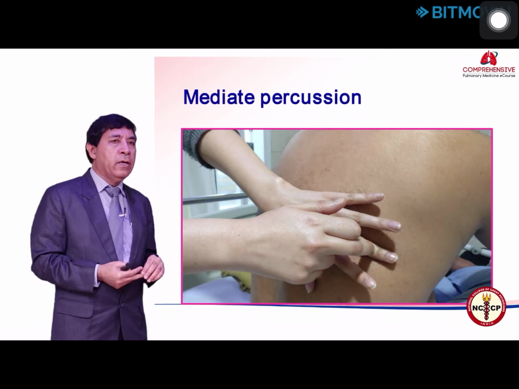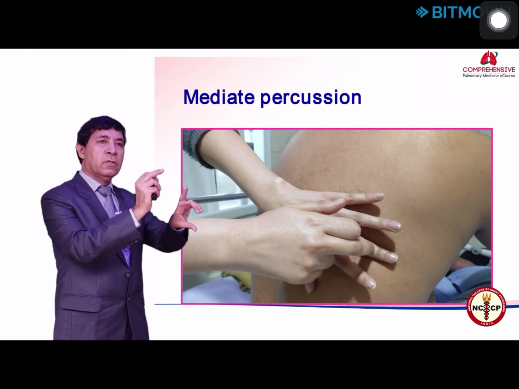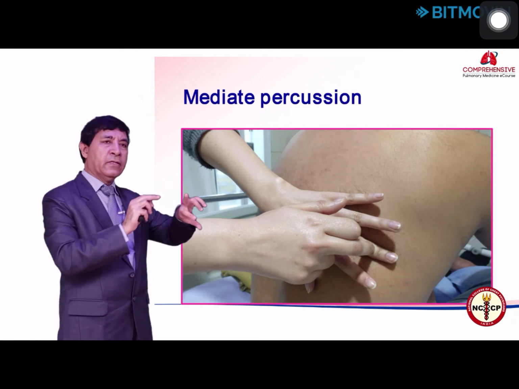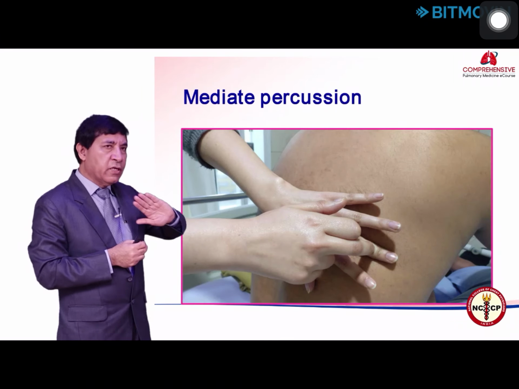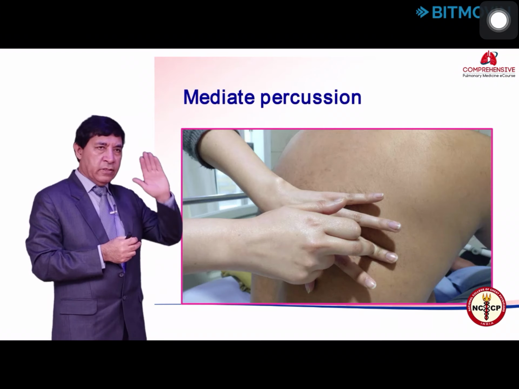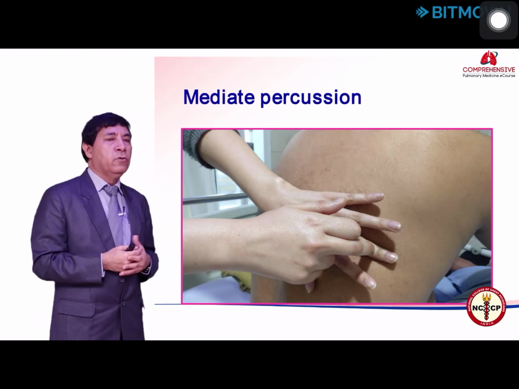And when you percuss, usually when you put pressure on the pleximeter finger, this finger actually moves downward, and it also moves the chest wall inside, and then sets the chest wall into vibration, and you hear the sound.